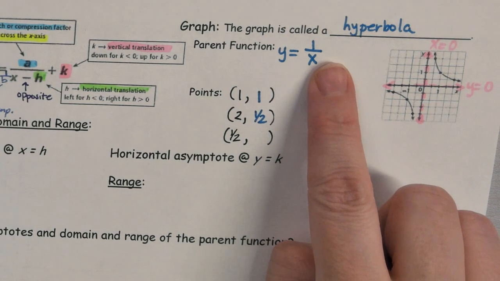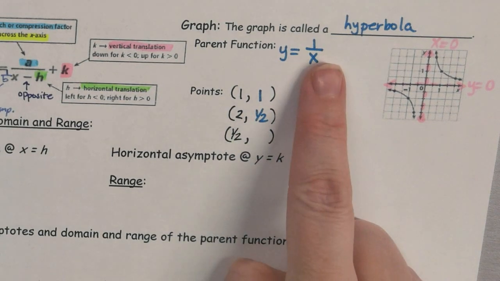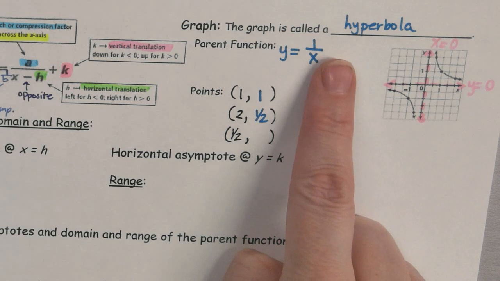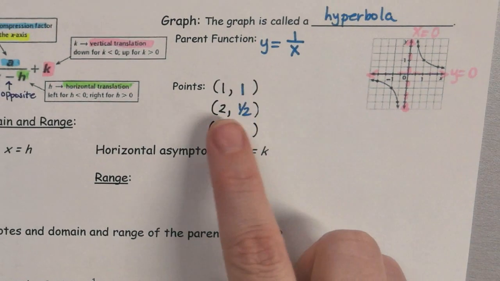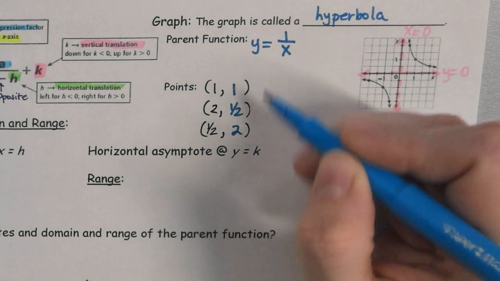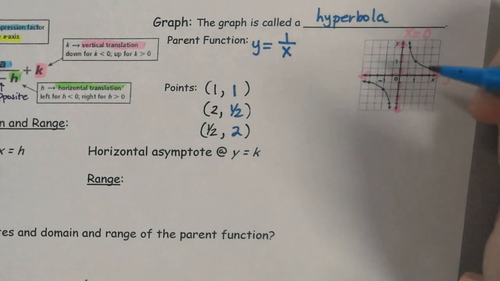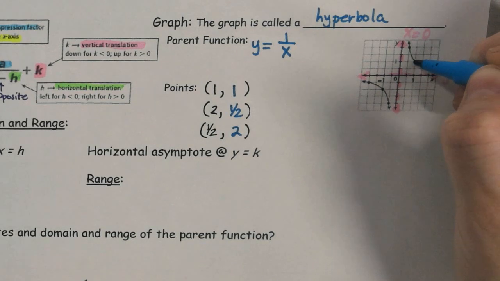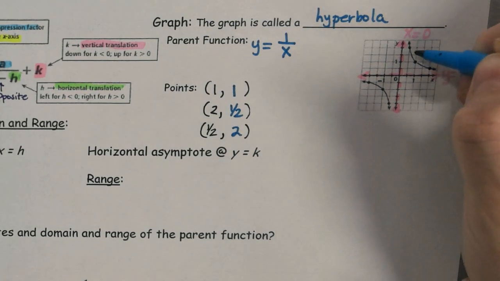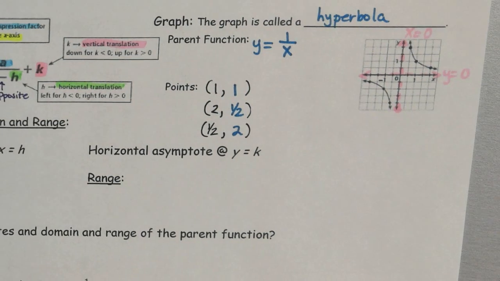You multiply by the reciprocal. Really, remember how we checked with the direct variation, how they multiplied to the top number? 1 times 1 is 1. 2 times 1/2 is 1. 1/2 times 2 is 1. Okay? And then that's where these points are. This is at 1, 1. Okay? This one's at 2, 1/2. And this one's at 1/2, 2.